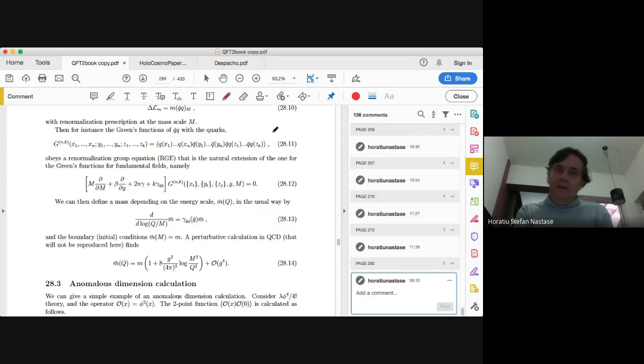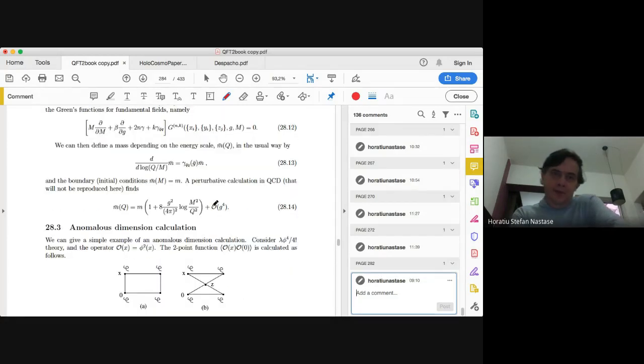But now I also have k operators q bar q, so I should multiply also by k times the anomalous dimension gamma q bar q for this composite q bar q. So this object acting on a Green function should be 0.